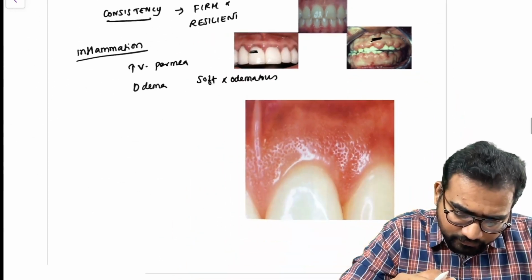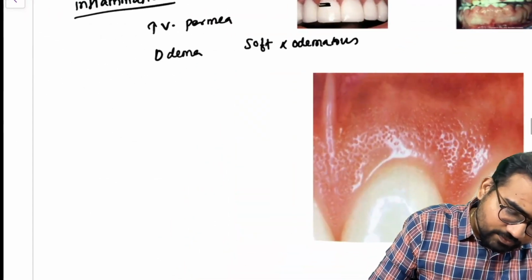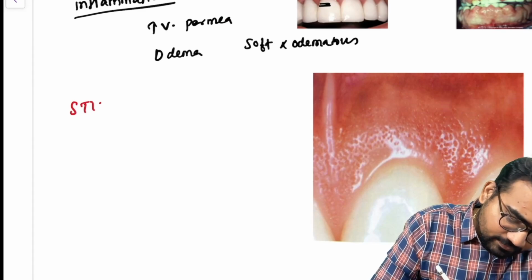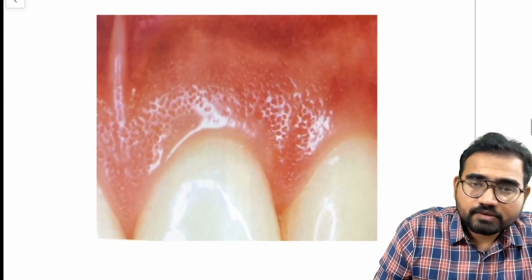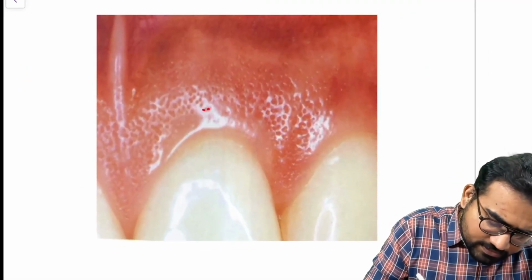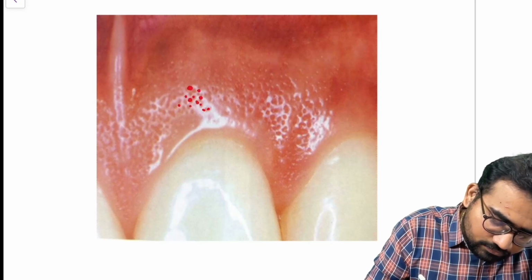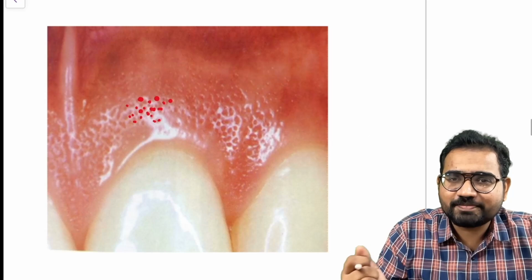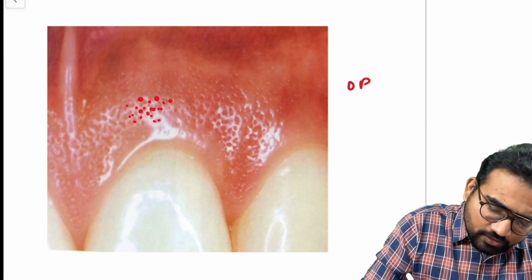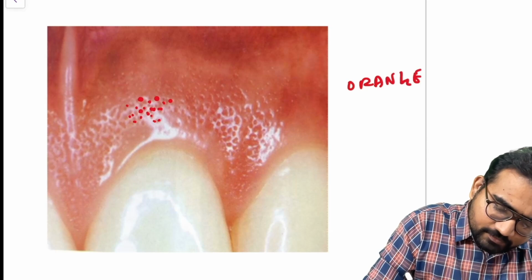Okay, very good. The next one you're going to see is stippling. So stippling, if you see, these are called stipplings. What does it represent? We all know orange peel, right? So this is the orange peel appearance.